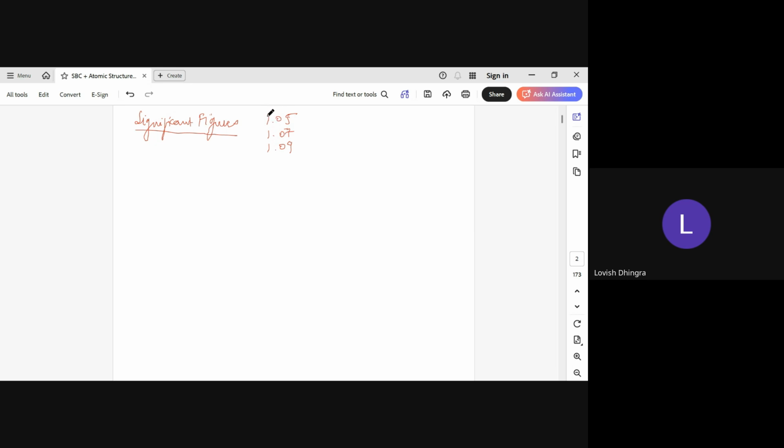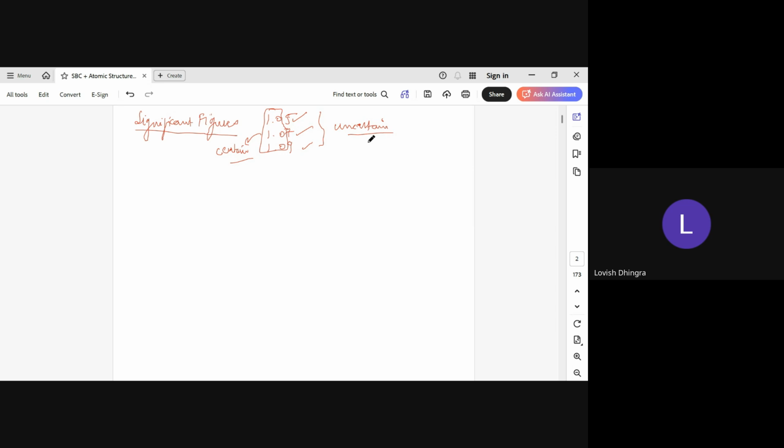That is 1.0, right? So this part 1.0 is the certain part, and these values 5, 7, and 9 are your uncertain parts. In this way we define certainty and uncertainty.